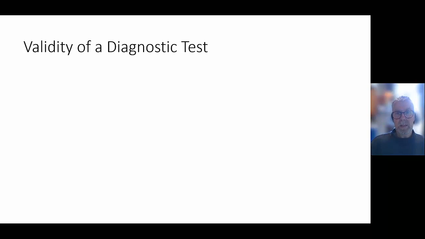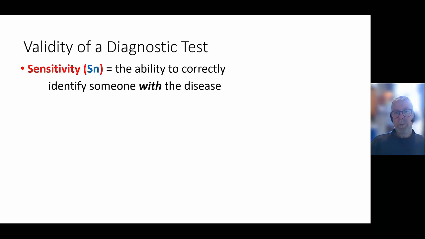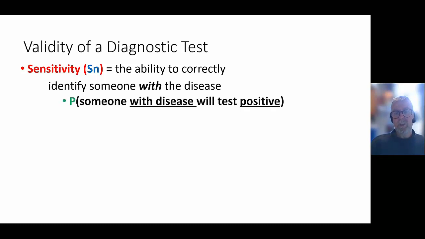Starting with the sensitivity, this is a measure of the ability of the diagnostic tool to correctly identify someone who actually has the disease. This can be expressed as the probability that someone with the disease will indeed test positive. We want this value to be as close as possible to 1.0 or 100% if you'd rather work with percentages for the probability.